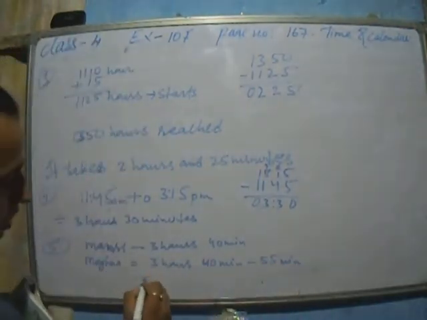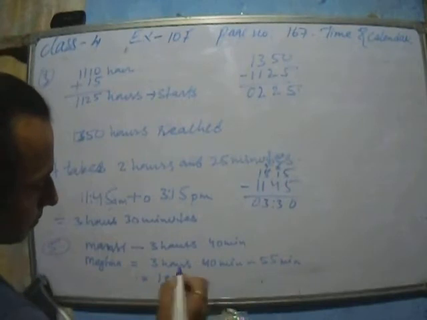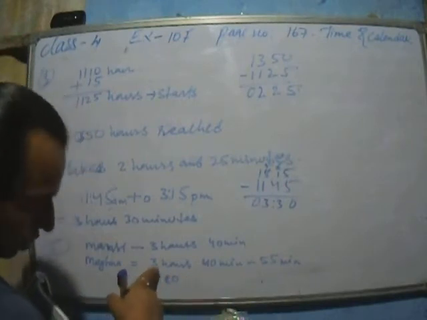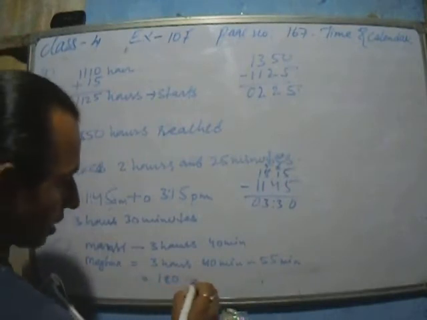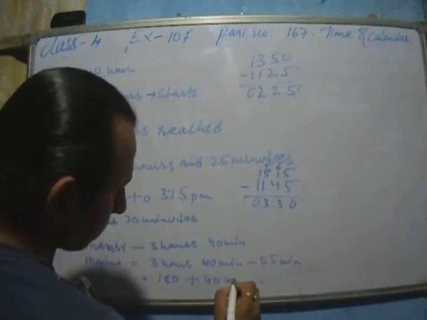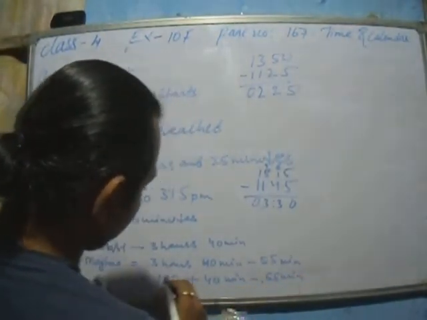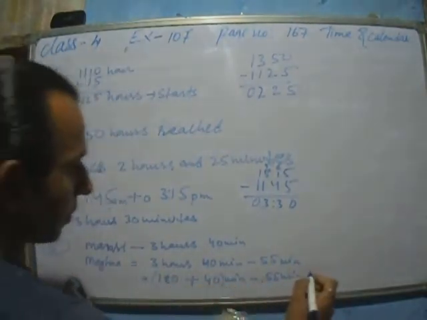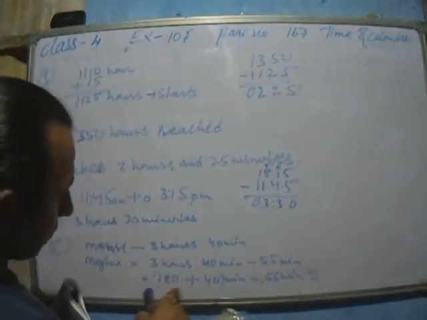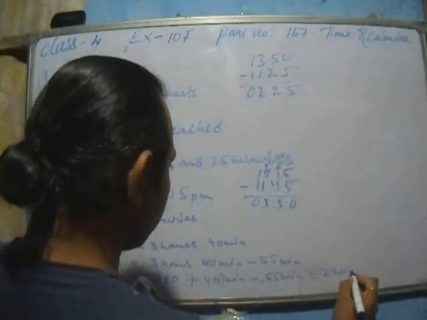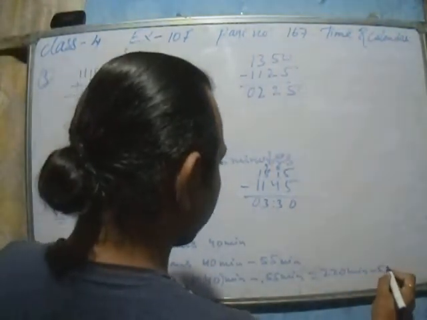Convert this hour into minutes. Okay. So 60 into 3 is 180, plus 40 minutes minus 55 minutes. So when we add, we'll get 220 minutes minus 55 minutes.